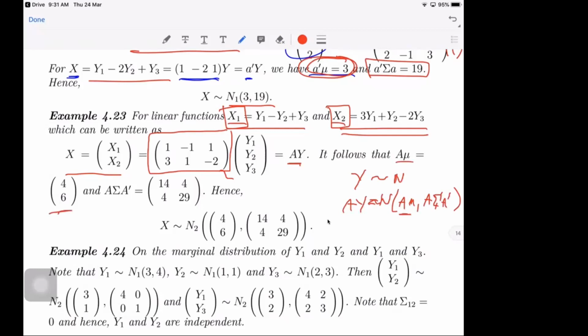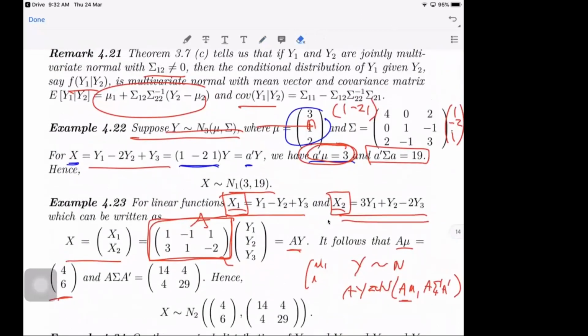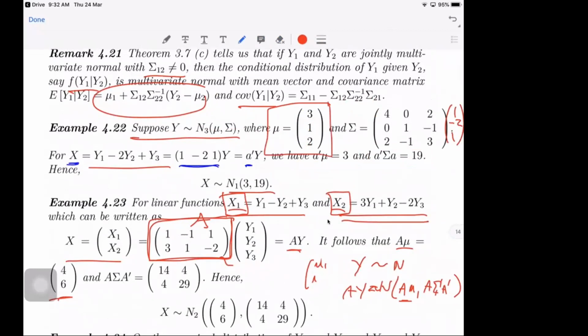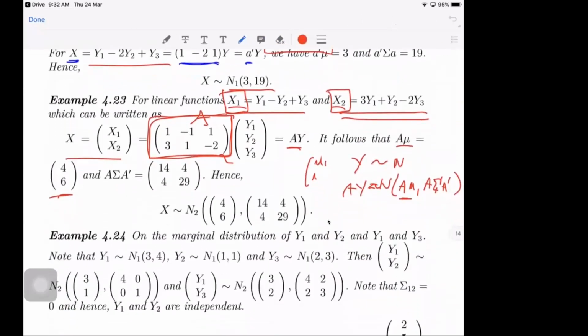That is after you multiply this matrix A to your mu, which is mu1, mu2, mu3, with mu1 equal to 3, mu2 equal to 1, mu3 equal to 2. So after getting A mu, you will get 4, 6.